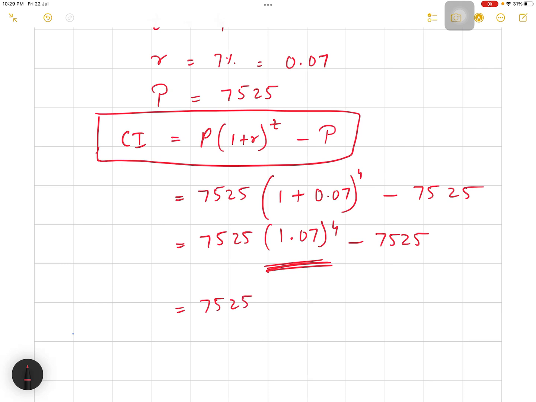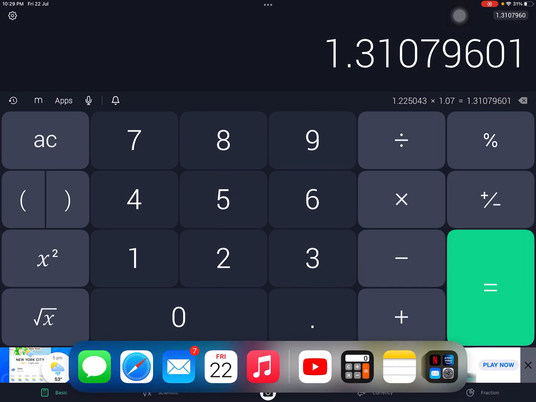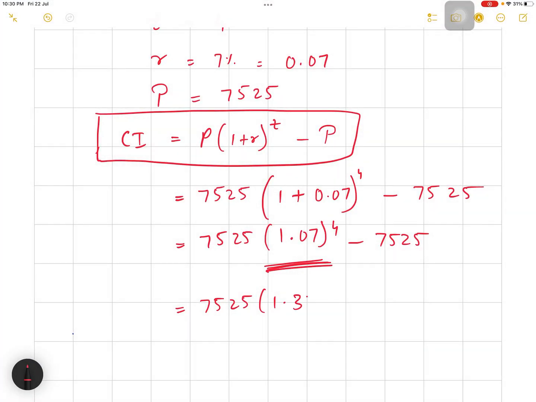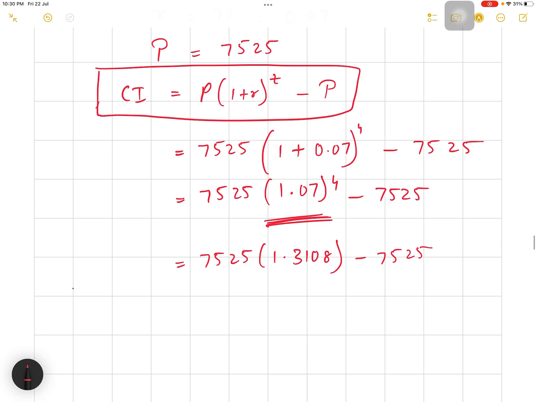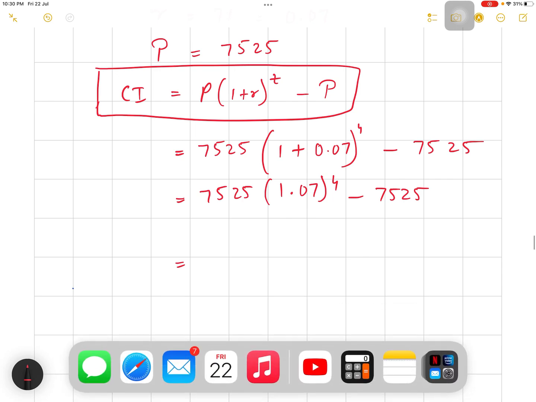So 7525 into 1.3108 minus 7525. Let's multiply this with this. It's already there in the calculator, so I don't want to increase my one step.